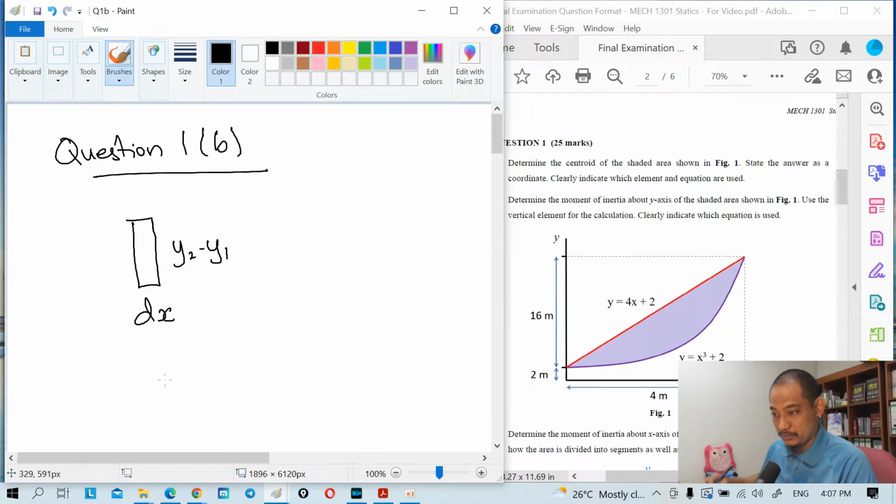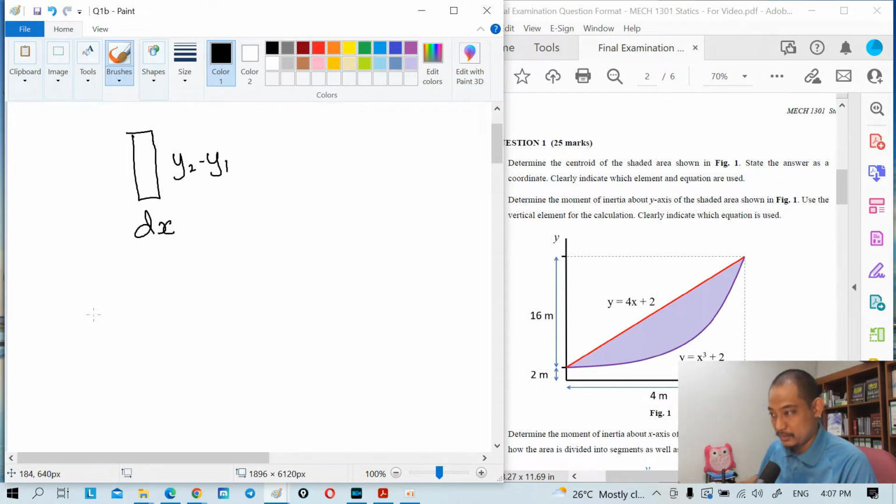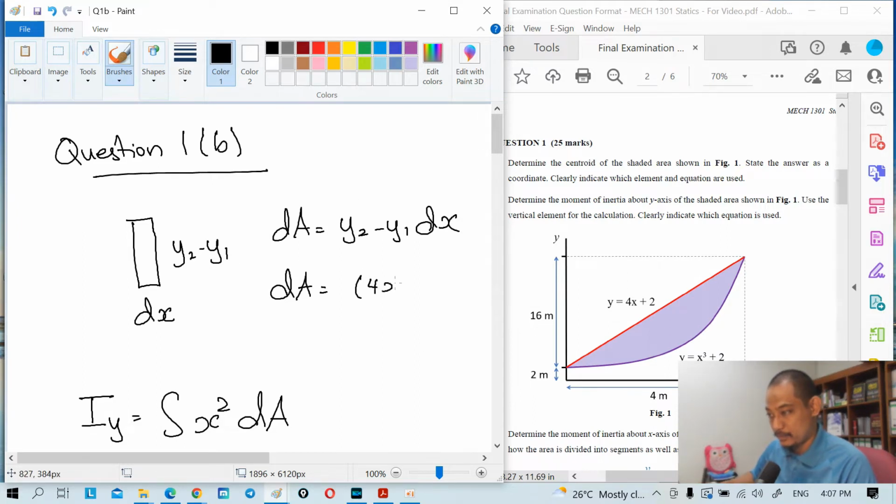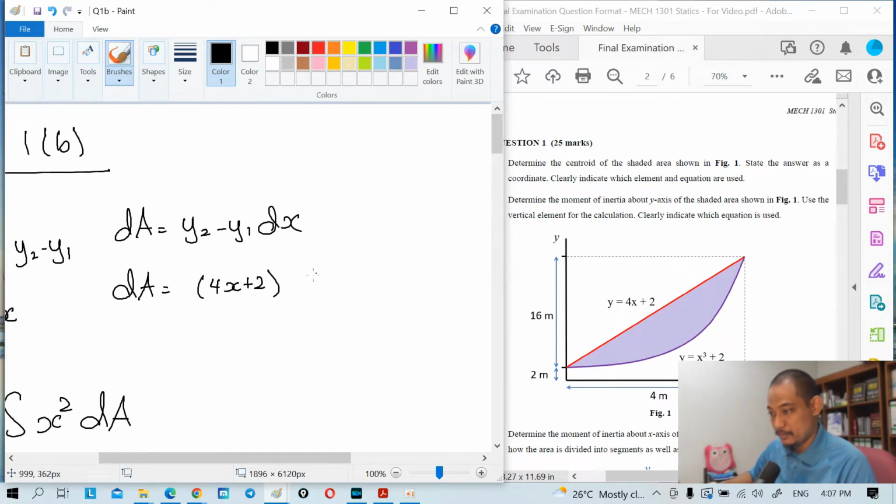The equation that we will be using is the moment of inertia about y, which is the integration of x squared dA. So we need dA. dA is y2 minus y1 dx. y2 above is 4x plus 2, and then minus x cubed over 4 plus 2.